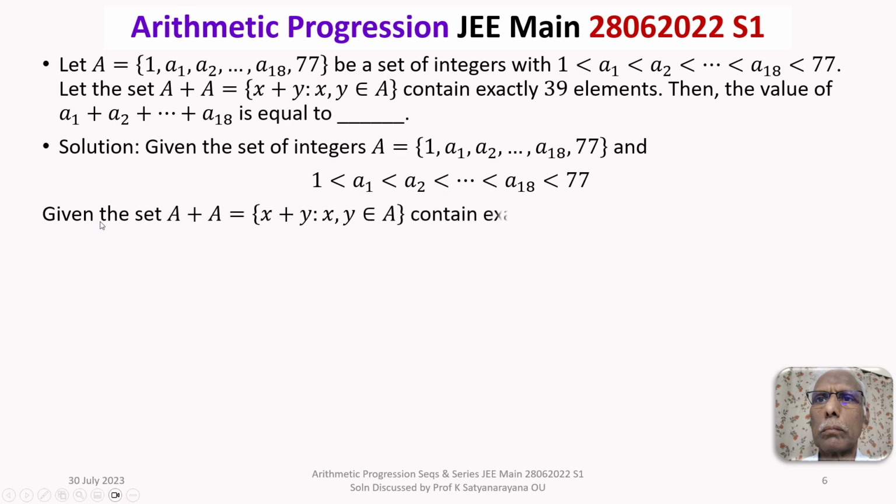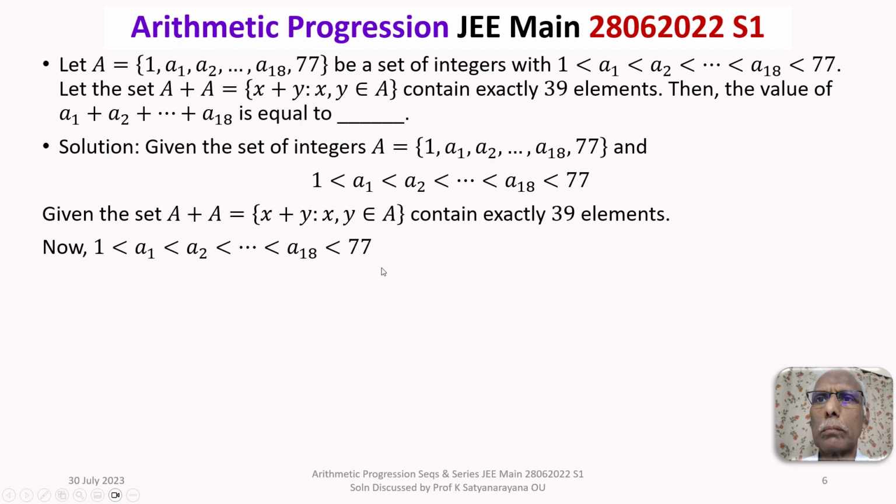Given the set A plus A is equal to x plus y, where x belongs to A, y belongs to A, contain exactly 39 elements. Now, we have 1 less than a1 less than a2 less than etc. less than a18 less than 77.